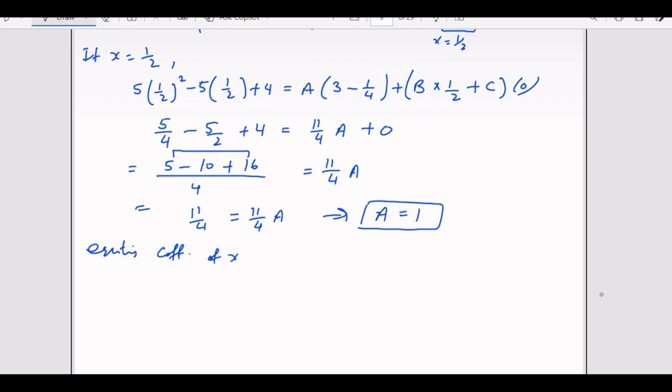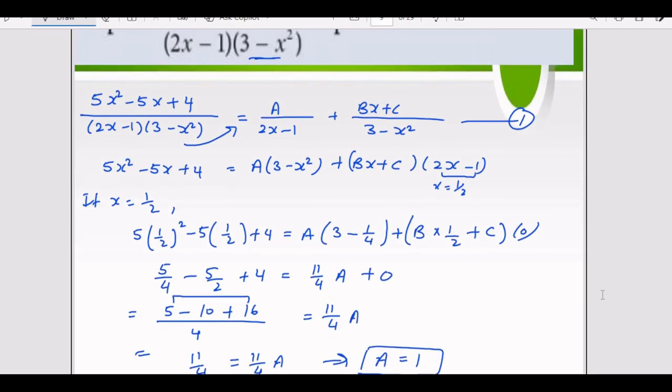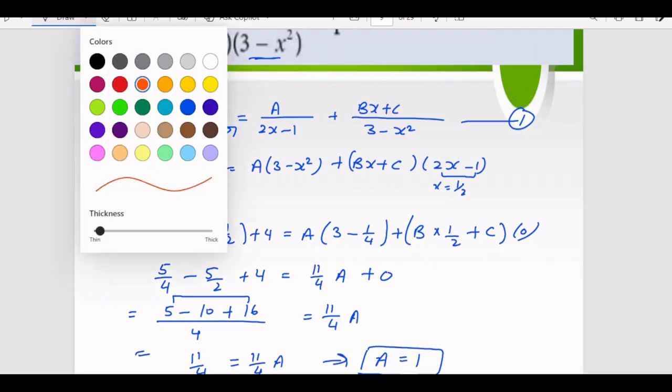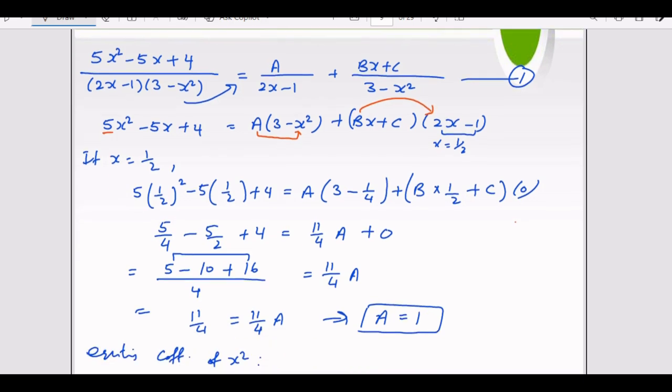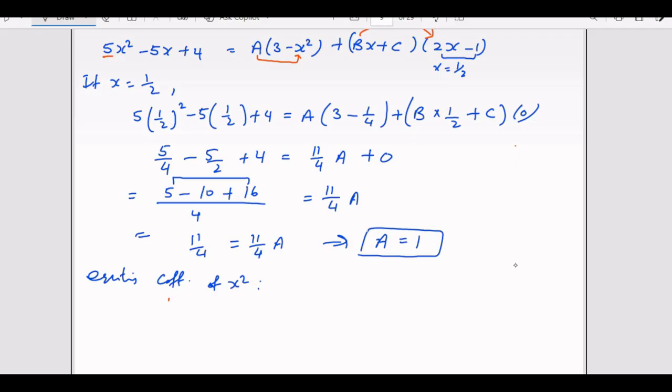The coefficient of x² on the left-hand side is 5, and on the right-hand side, when you multiply this, we are going to get −a + 2b. So 5 equals −a + 2b, and a is 1, so 5 = −1 + 2b. This gives us 2b equals 6, and b is going to be 3. So we got the value of b as 3.